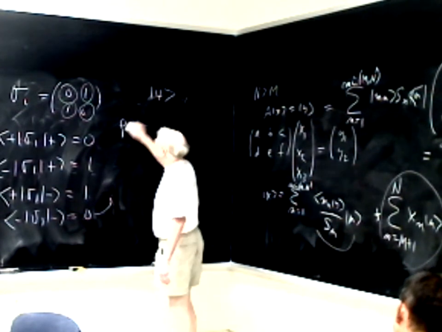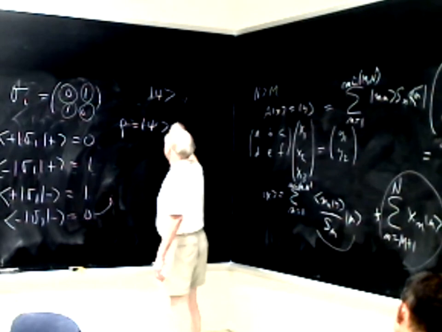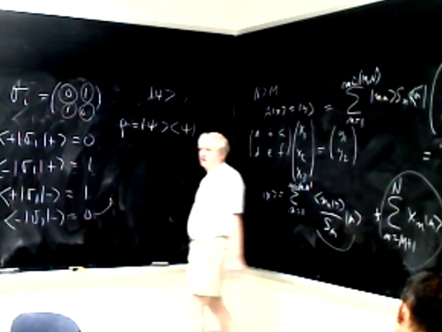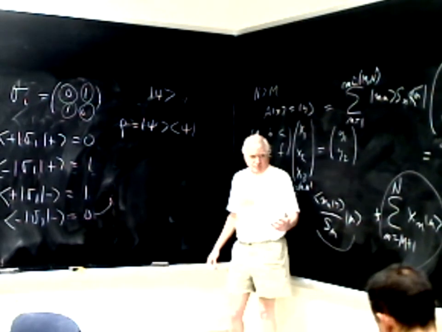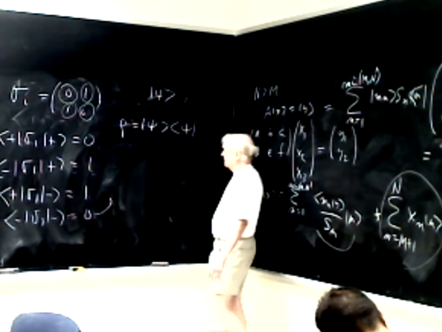The density matrix that describes that pure state would simply be the outer product of the ket and bra that represent that pure state.